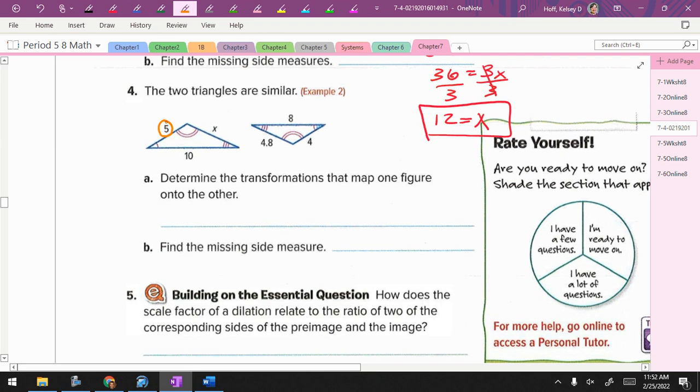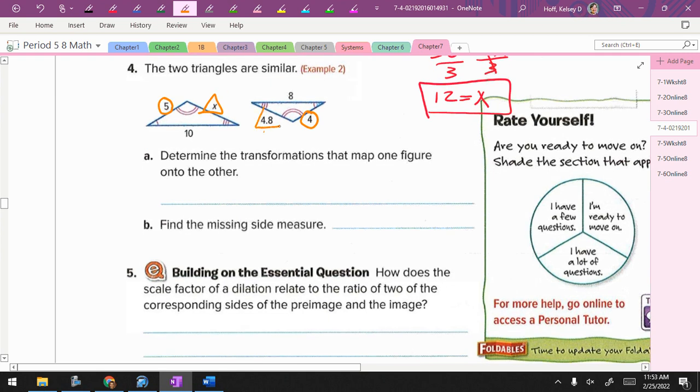What matches up with 5? 4. What matches up with x? 4.8. What matches up with 10? 8.